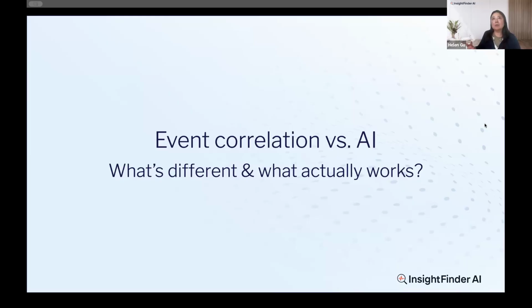In that scenario, I would say event correlation is very useful because it allows you to at least dedupe those redundant alerts. However, that's just the first step, right? Moving from those deduped alerts to the true root cause is a gap.